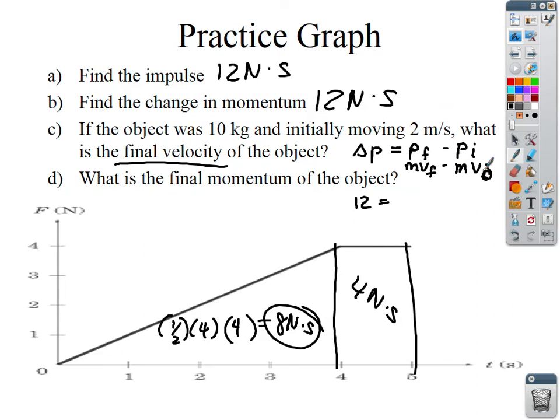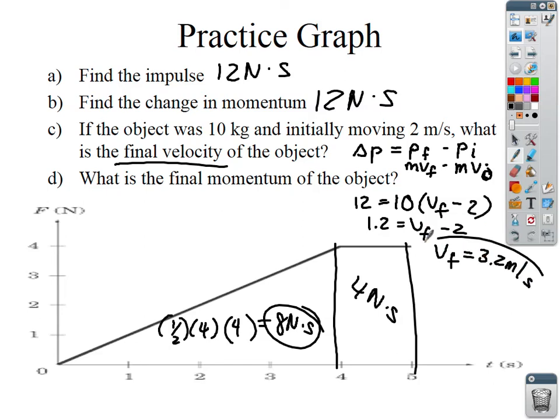So I can pull the m out. 10 is the mass times Vf minus 2. So how do I figure this out? Divide: 1.2 equals Vf minus 2. The final velocity of this object will be 3.2 meters per second.